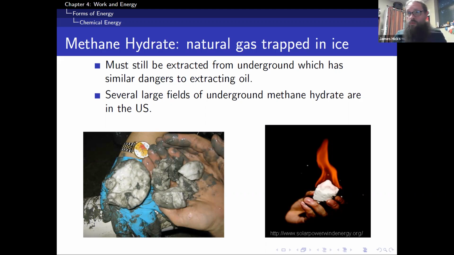One kind of more modern way to extract methane is by drilling into these methane hydrate, essentially ice fields, and extracting methane that way. So on the left, that's a picture of methane hydrate. It is essentially ice, but it's got methane trapped in it, and it will actually burn. To me, that's pretty cool.